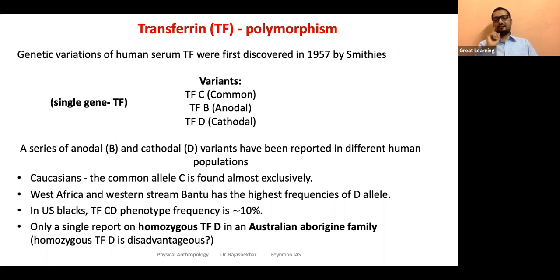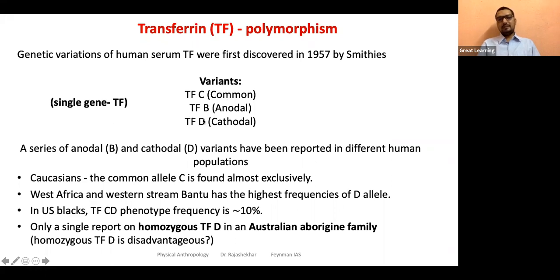There's only a single gene for transferrin, unlike the cases that we have talked about, like HLA. So there's only one gene, but different variants. And interestingly, the variants they detected show different behavior when they separate them using certain techniques.